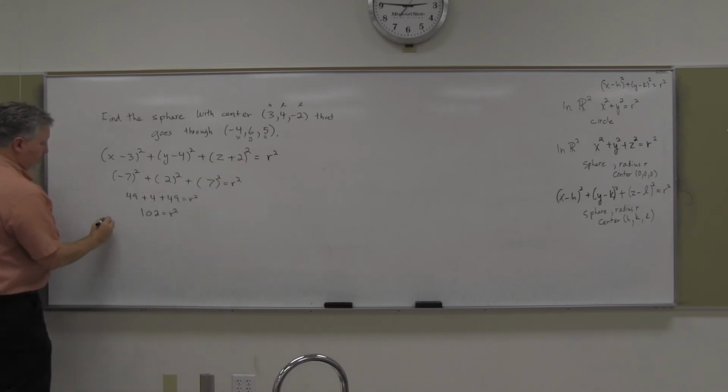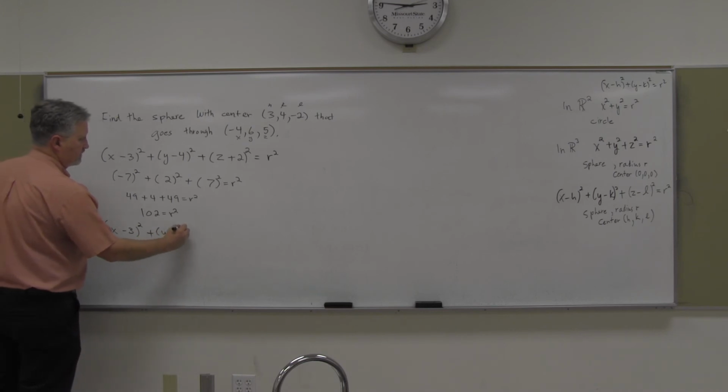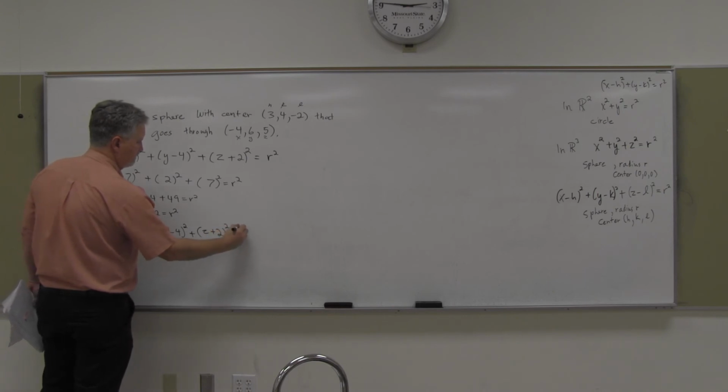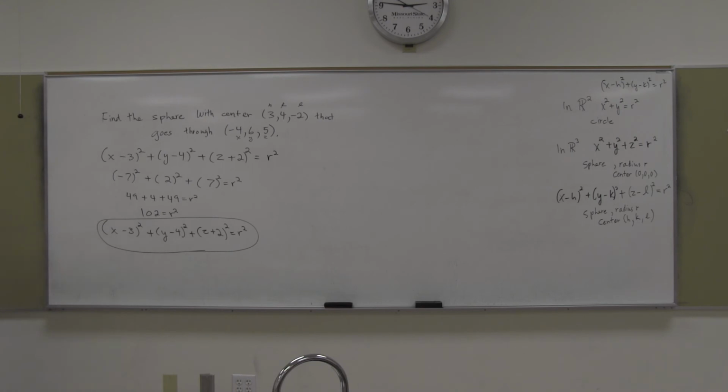But actually, r squared is what we needed. So the equation is (x minus 3) squared plus (y minus 4) squared plus (z plus 2) squared equals 102. All right. And we got other similar problems that we may have to review right there.